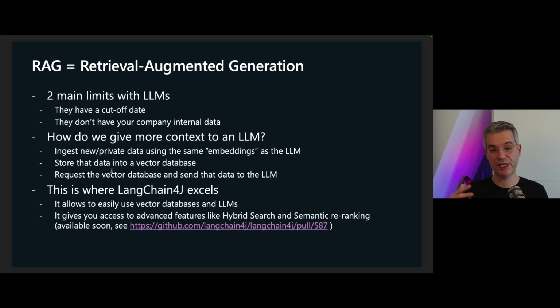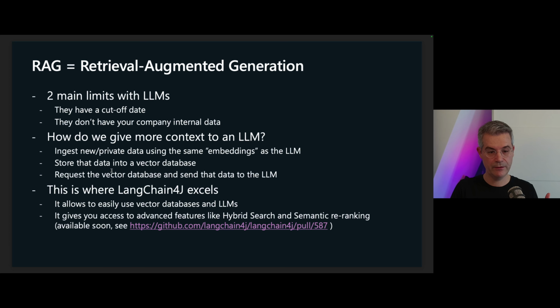Some of them are more generic, like PostgreSQL, which has support for vector databases. And the good thing with PostgreSQL is that you probably already know how to maintain and use it in your company. So it's all choices. Same reason as before to use LangChain4j: it's easy to switch between all of those and take the best for your specific use case.